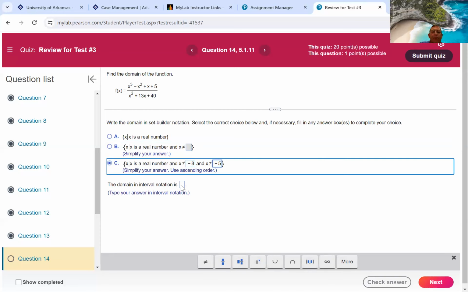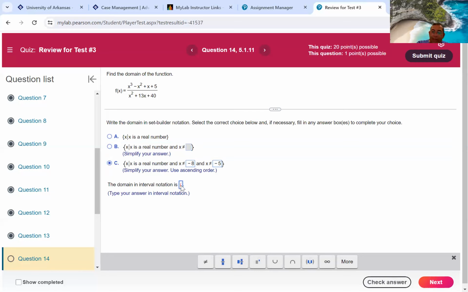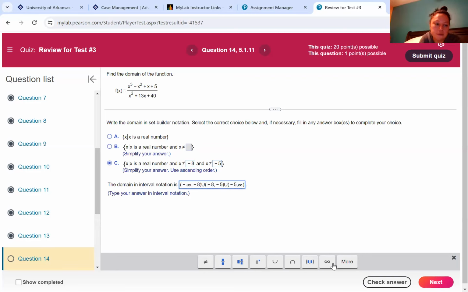And then down here in interval notation, parentheses, negative infinity, comma, negative 8, close parentheses, union, and then parentheses, negative 8, comma, negative 5, close parentheses, union, open parentheses, negative 5, comma, infinity. I'll tell y'all the truth, it almost takes more time putting in the answers than it does working these things. Yeah, it does. Y'all notice that too, huh?